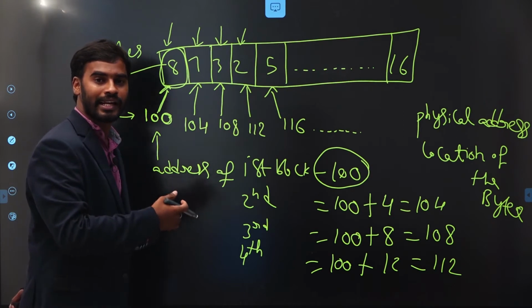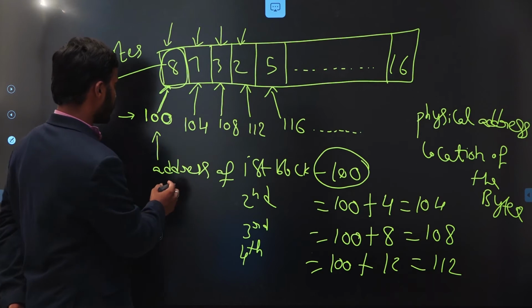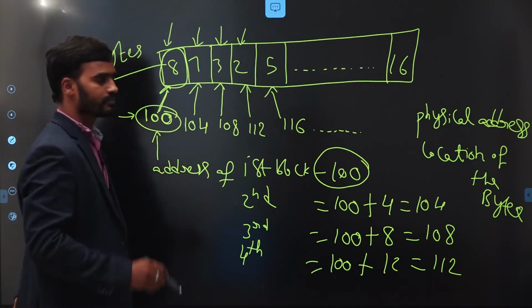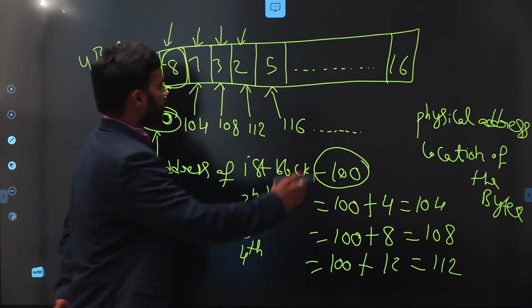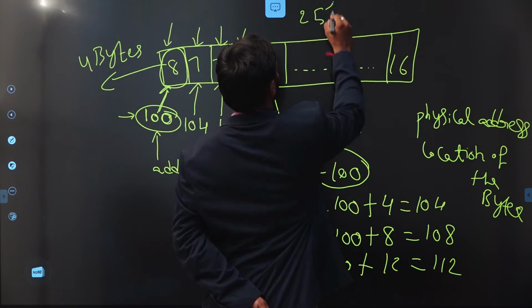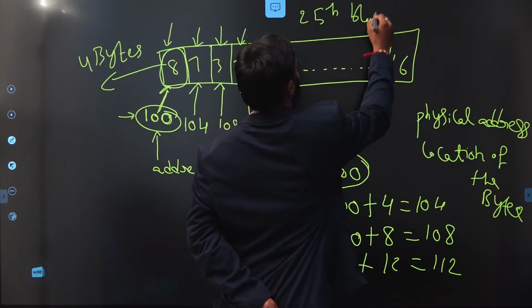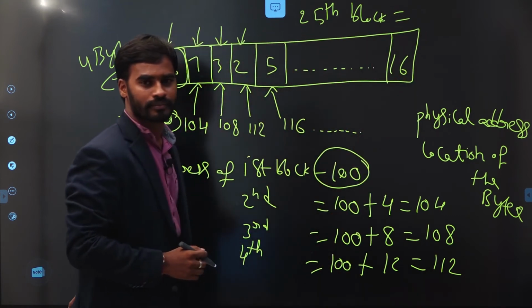You can calculate the address of the remaining blocks based on the address of the first block. So what is the address of the 25th block?